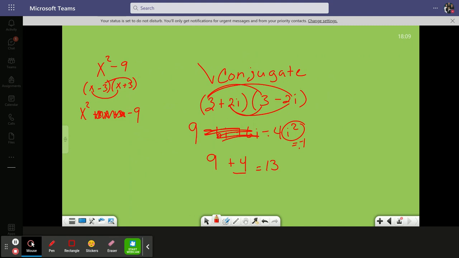I might have 10 over 3 minus 4i. Okay, so they don't like it to have any i's in the denominator. That's not a good thing.